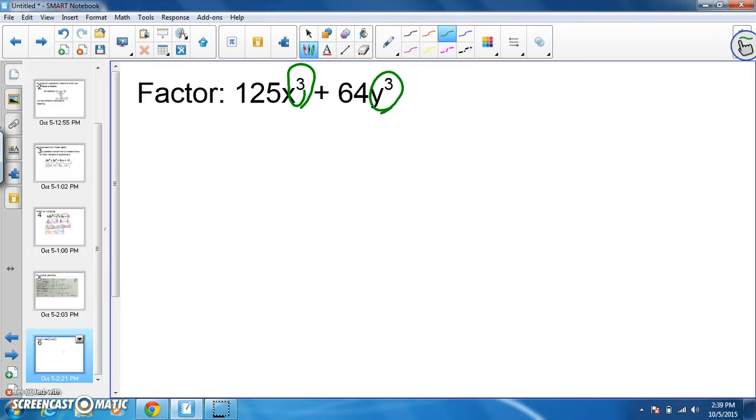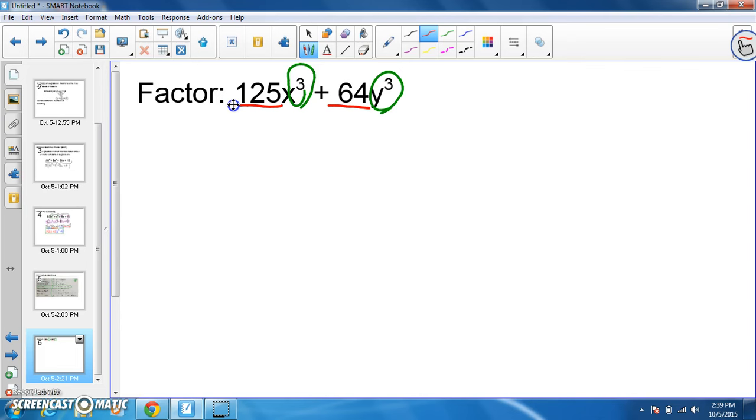Both of our variables are raised to the third power, and our coefficients are perfect cubes. So we're going to use the sum of cubes identity to factor this expression.